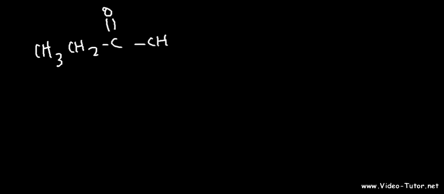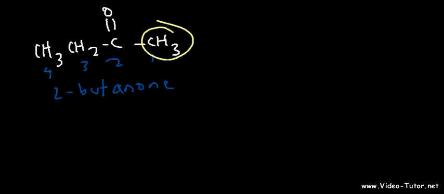Now there are some common names that you want to be familiar with. For this example, the IUPAC name is 2-butanone because we have a carbonyl group on number 2. But we can also use a common name for it.